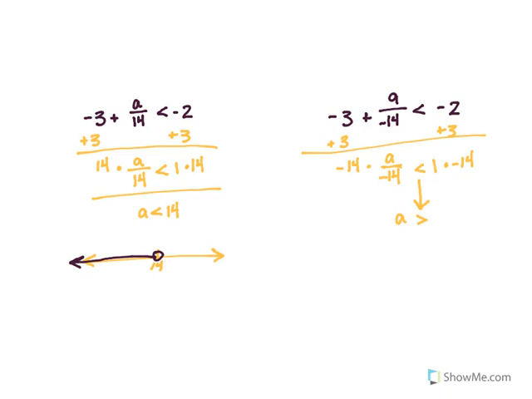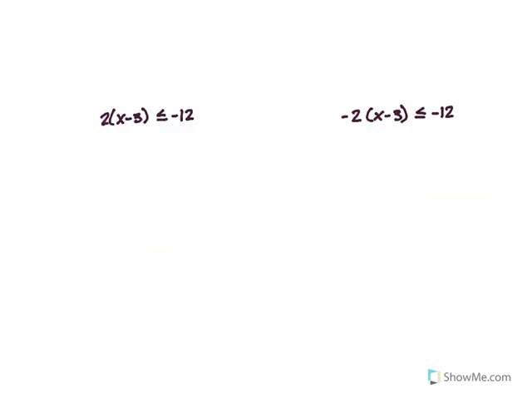So we have a is greater than negative 14. So we're going to have negative 14. 14 is not included, and a is everything greater than that. So see how our solutions are different just by changing that one number to a negative? We flip the sign, so our arrows are going the opposite directions.